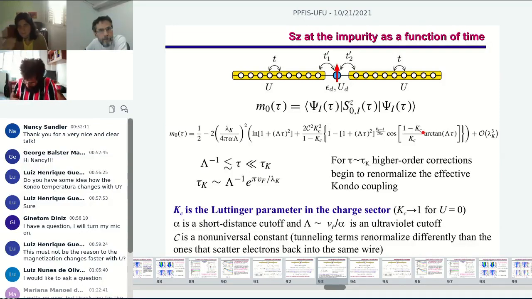If you were carrying out this calculation for U equals 0, which would be the regular Kondo problem, these lattice sizes would be too small, right? There's no way you could see Kondo scaling with 25 or 26 lattice sites, because everything scales logarithmically, so you need much bigger lattices to see the Kondo effect develop.